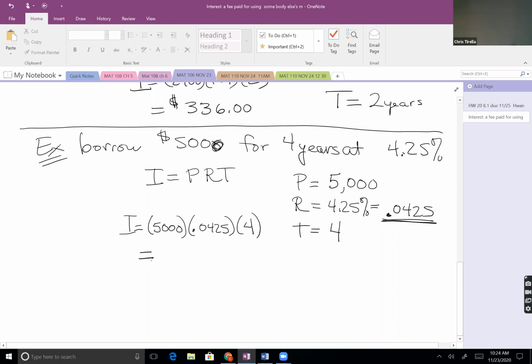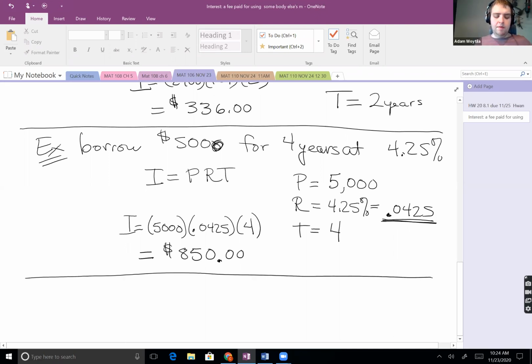I got something a little different, so try multiplying that out again. 850. $850? Yeah. That's what I got. Anybody else get that? Yep.